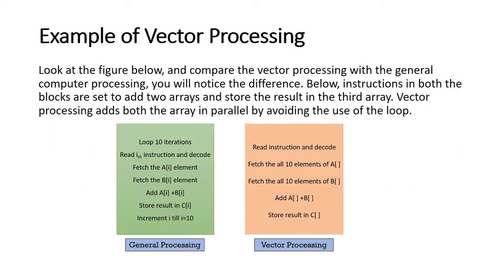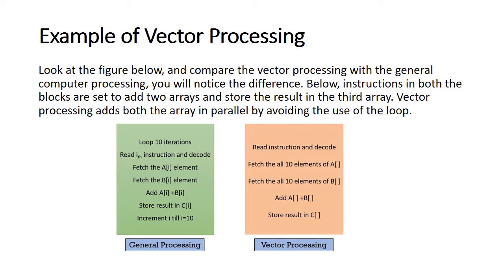Here is an example of vector processing. Look at the figure below and compare the vector processing with general computer processing. You will notice the difference. The instructions in both blocks are set to add two arrays and store the result in a third array. Vector processing adds both arrays in parallel, avoiding the use of a loop.